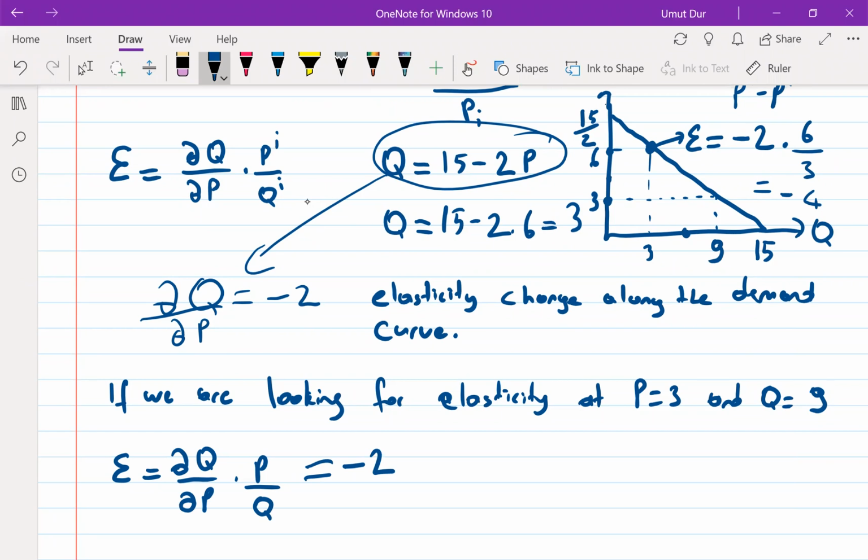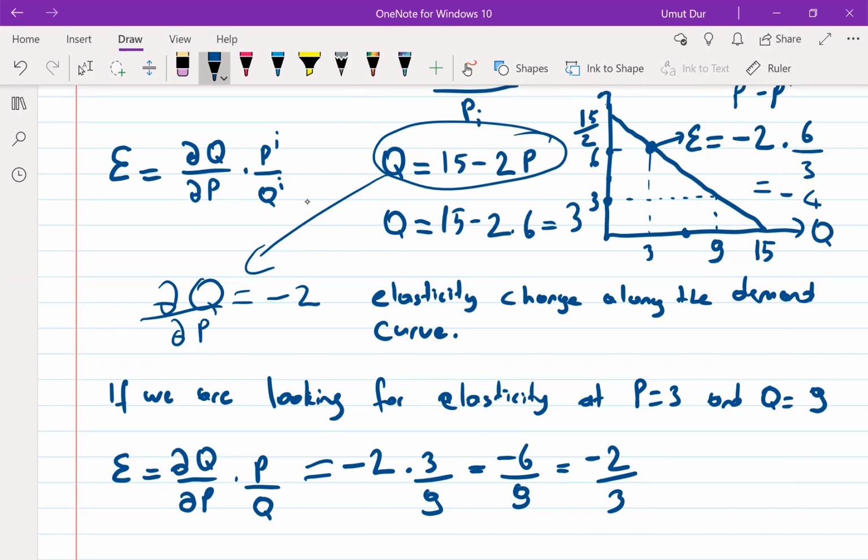It is -2 times 3 over 9, which is -6 over 9, which is -2 over 3.